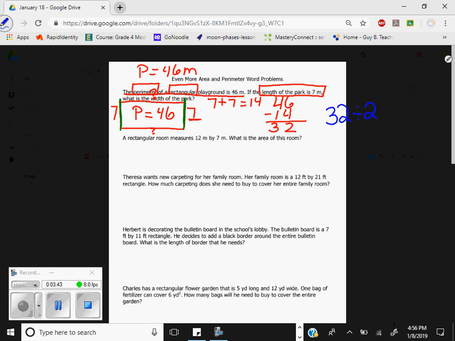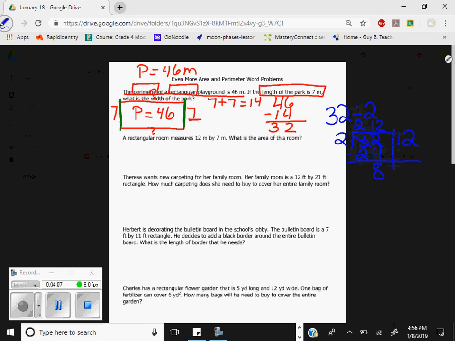So you might want to do the forgiving method for this one. Let's see, I know 2 times 12 is 24. I'm going to subtract that out. Eight.